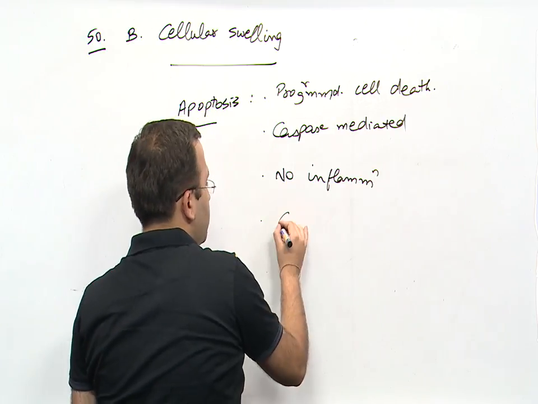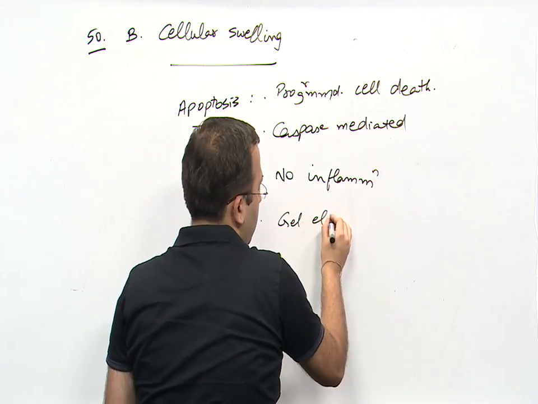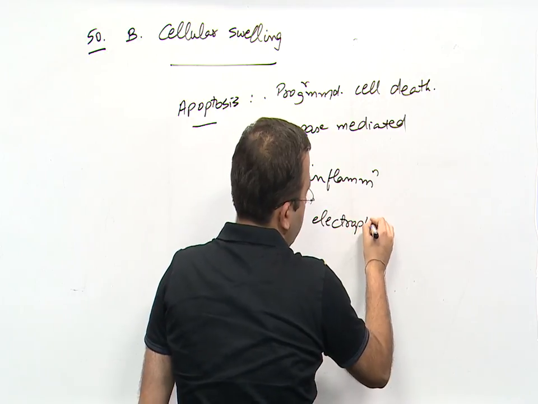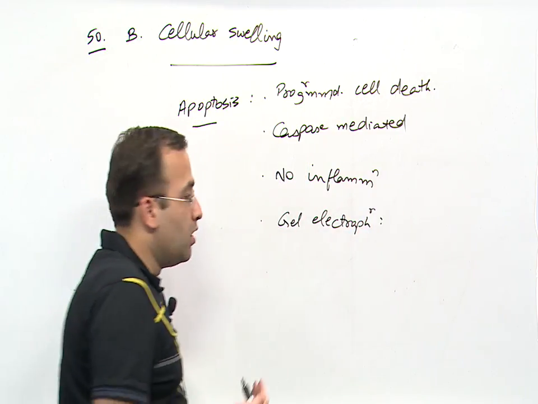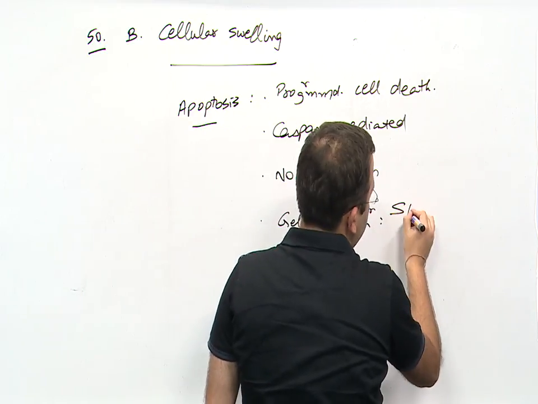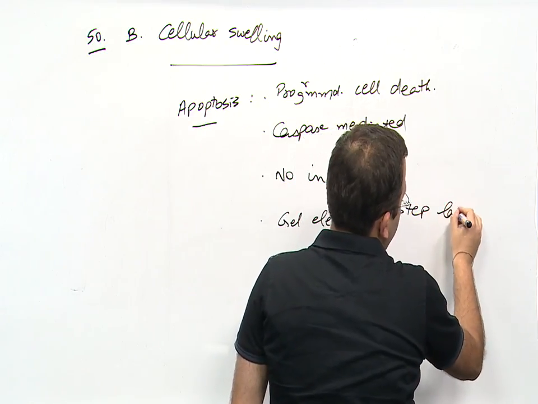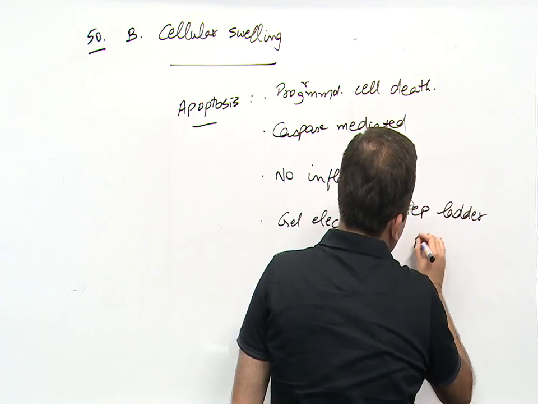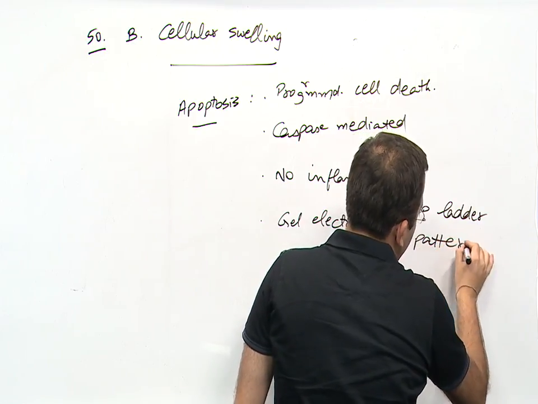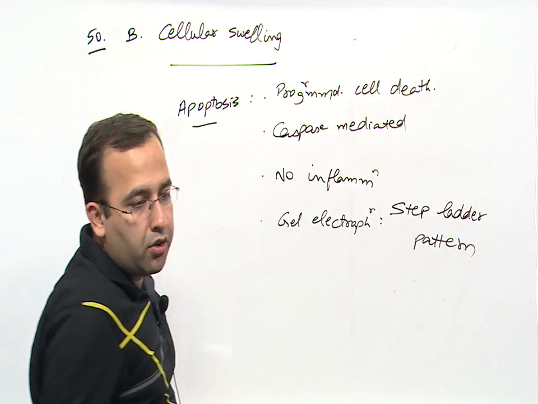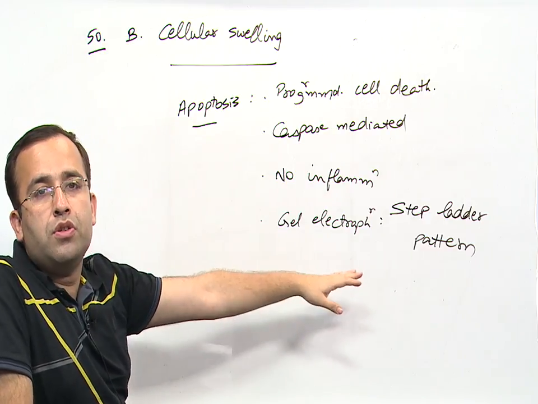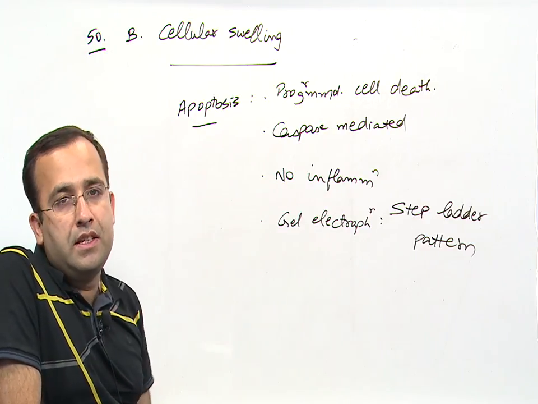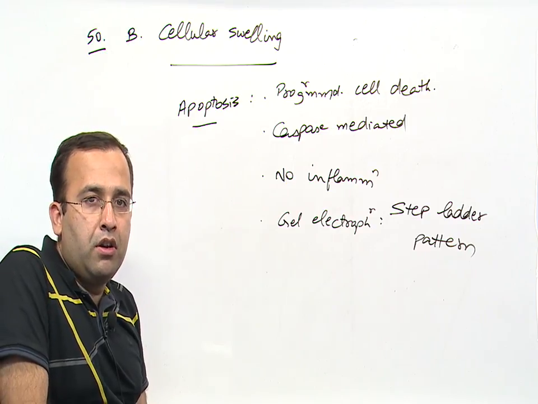Next point, gel electrophoresis. Gel electrophoresis in apoptosis shows the classical step ladder pattern.